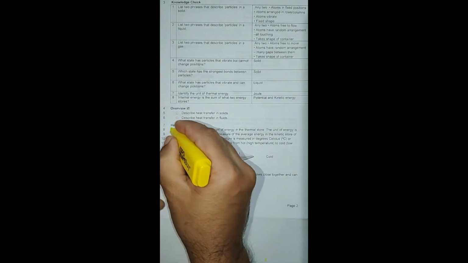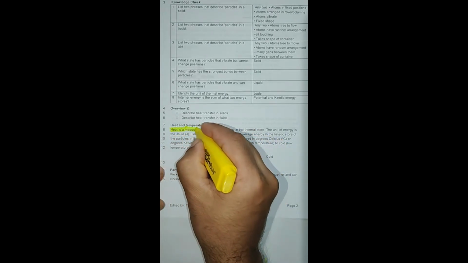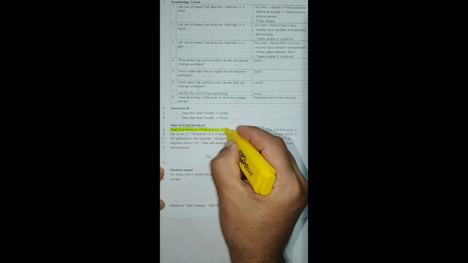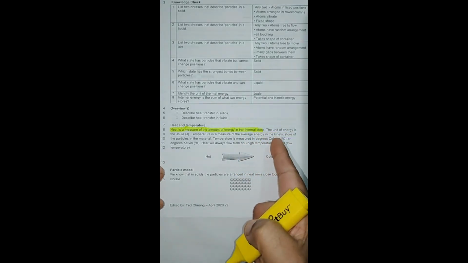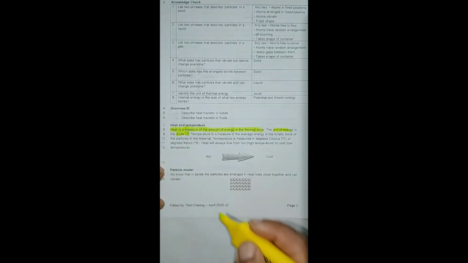Heat and temperature. Heat is a measure of the amount of energy in the thermal store. The unit of energy is always the joule.